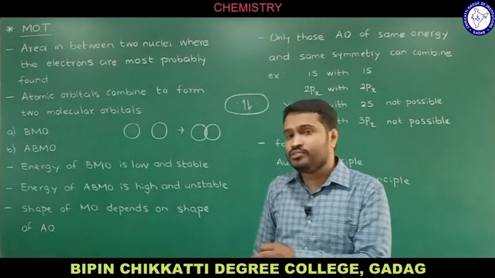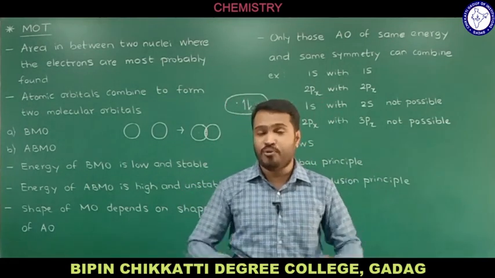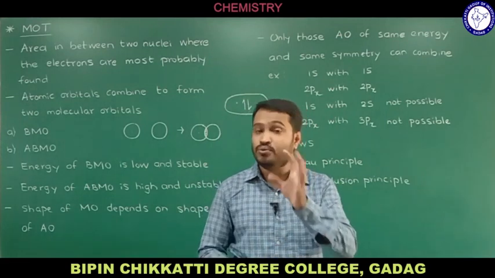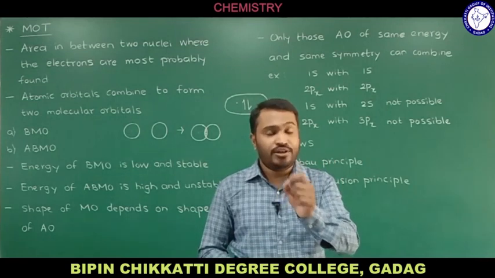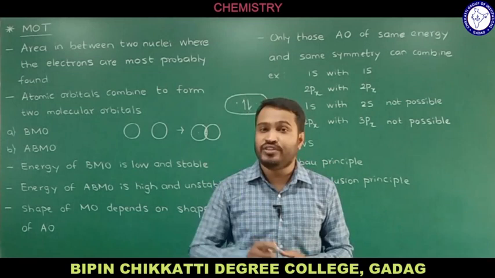All this depends on some standard rules: the first one is the Aufbau principle, the second one is Pauli's exclusion principle, and the third one is Hund's rule. Aufbau principle: filling of electrons into different atomic orbitals takes place in the increasing order of energy.